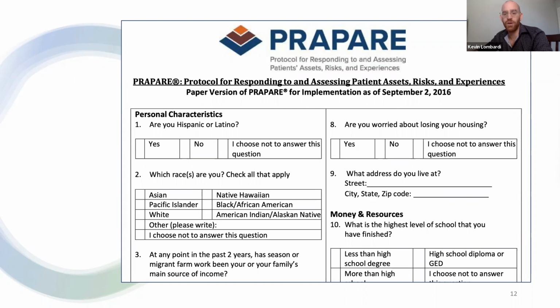With regards to culture, they don't ask about culture. So this is a cultural assessment tool by adaptation. There are few tools, and by that I mean I haven't yet seen one, and there might be one out there that is either hiding or in production that asks about culture appropriately, separately from demographics.